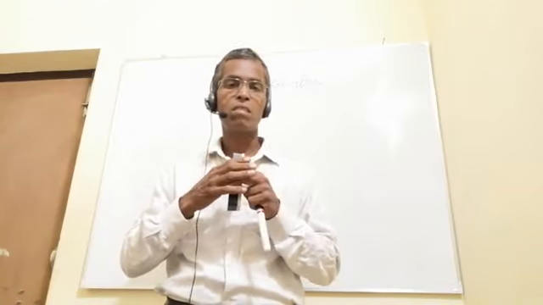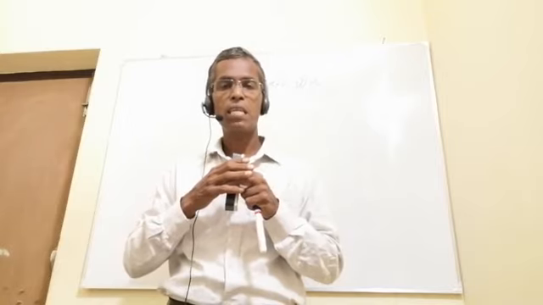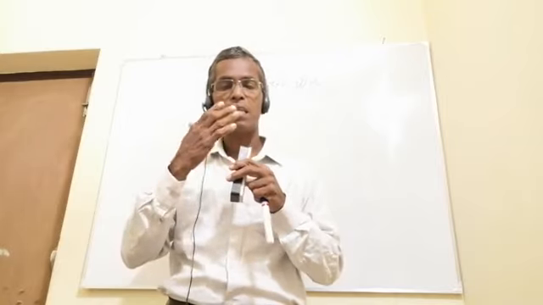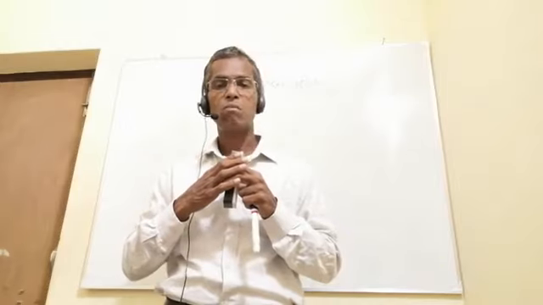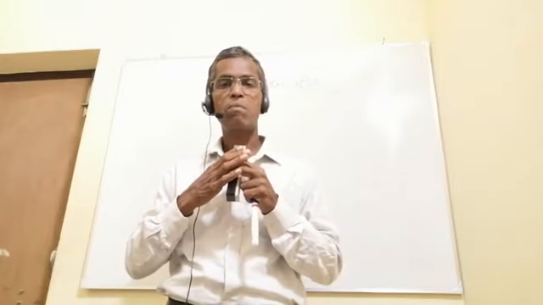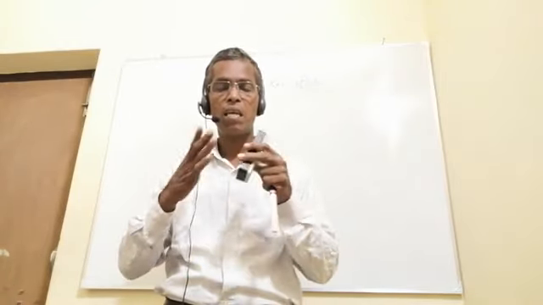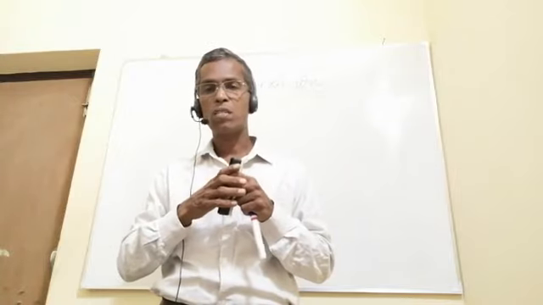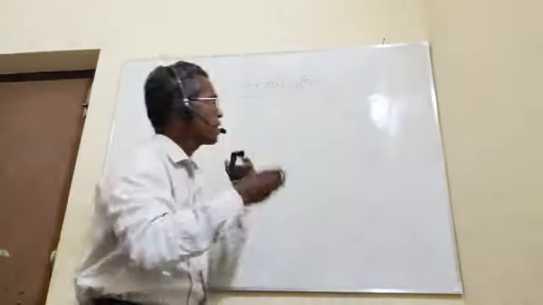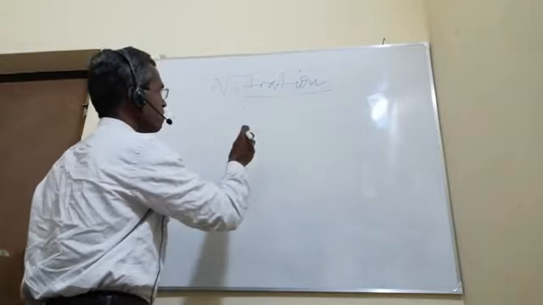Now we are going to discuss theoretically what are the reactions involved in nitrobenzene. I have explained everything regarding the laboratory method of making nitrobenzene. Now the topic is nitration of benzene.